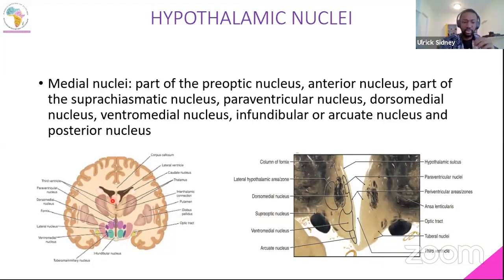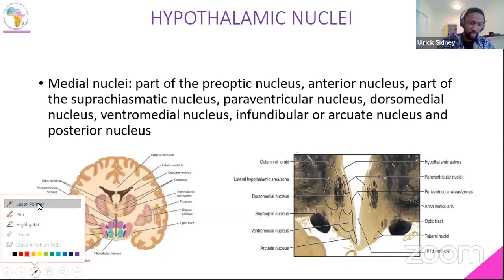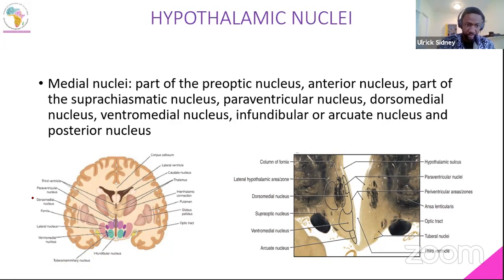So if you remember, when we spoke about the embryology of the central nervous system, we said we had first of all 3 sheets: ectoderm, mesoderm, endoderm.